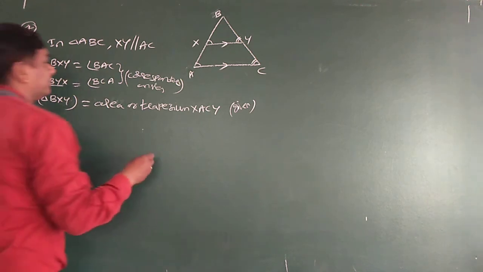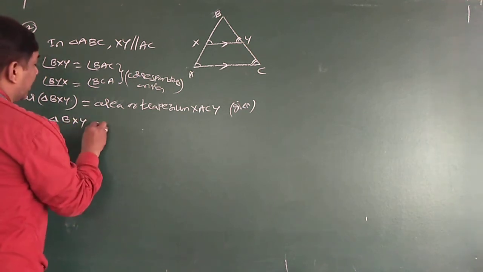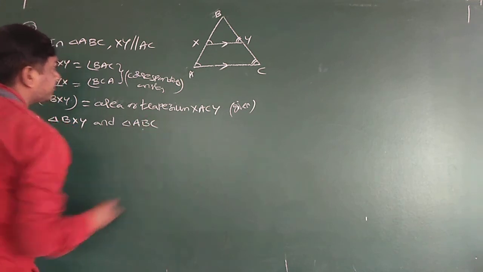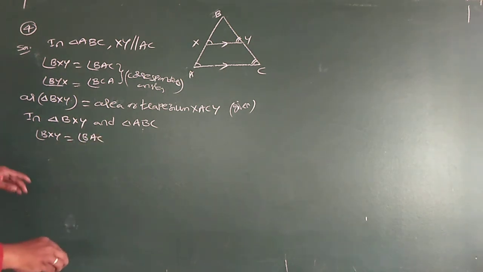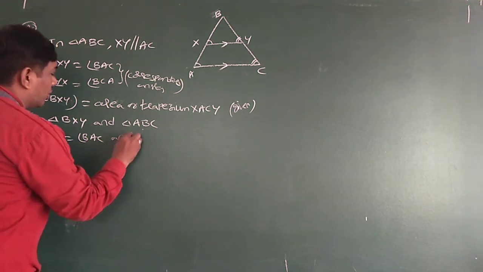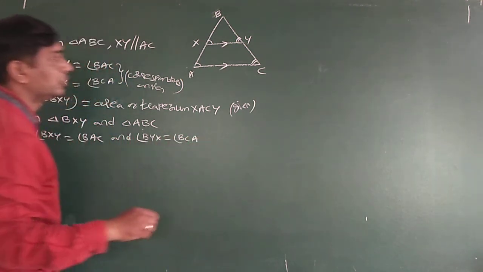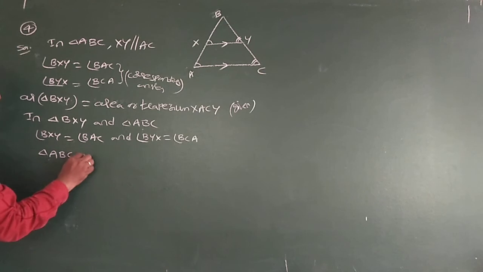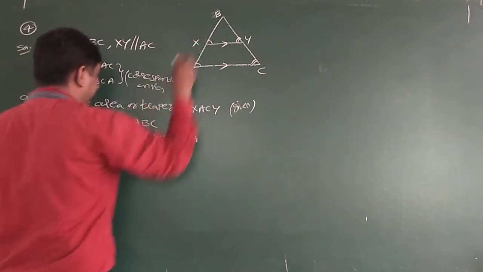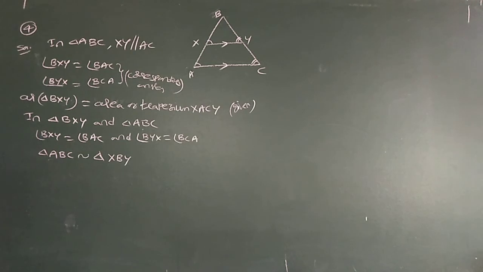Since in triangle BXY and triangle ABC, angle BXY is equal to angle BAC, and also angle BYX is equal to angle BCA, triangle ABC is similar to triangle XBY.